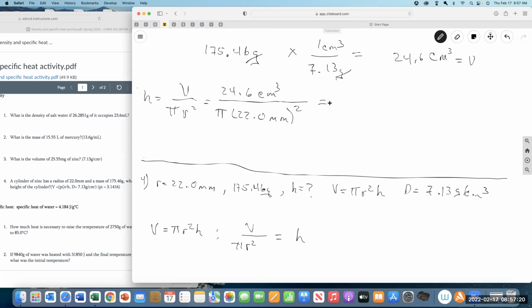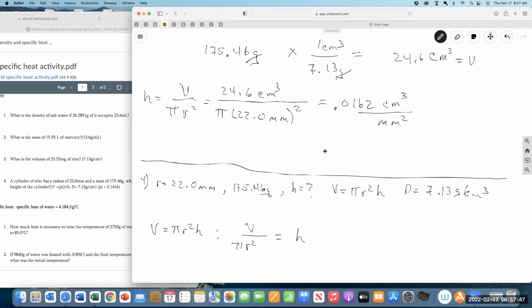Let's do the math here. So 24.6 divided by 22 squared divided by pi. So this looks really weird at first. This is 0.0162 centimeters cubed. I said cubed and I wrote squared per millimeter squared.